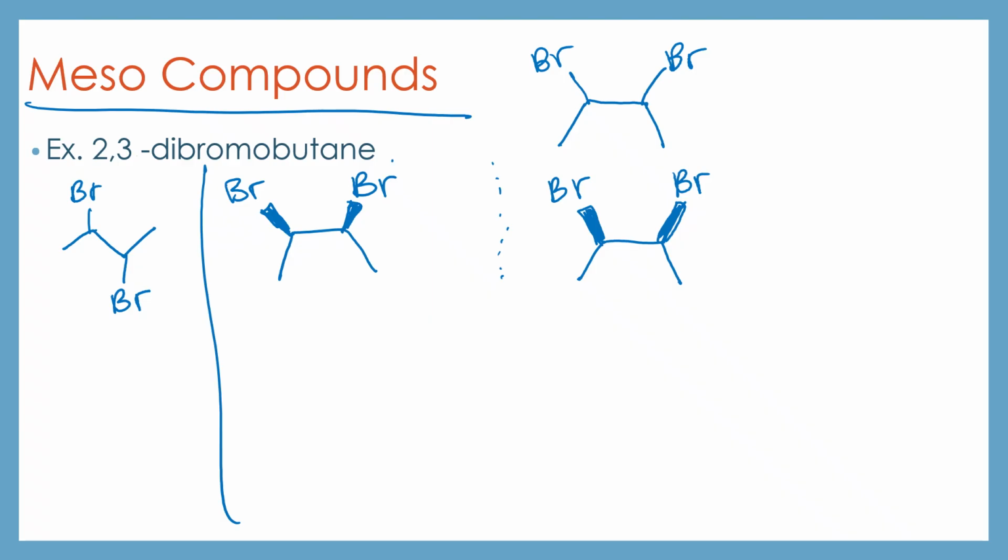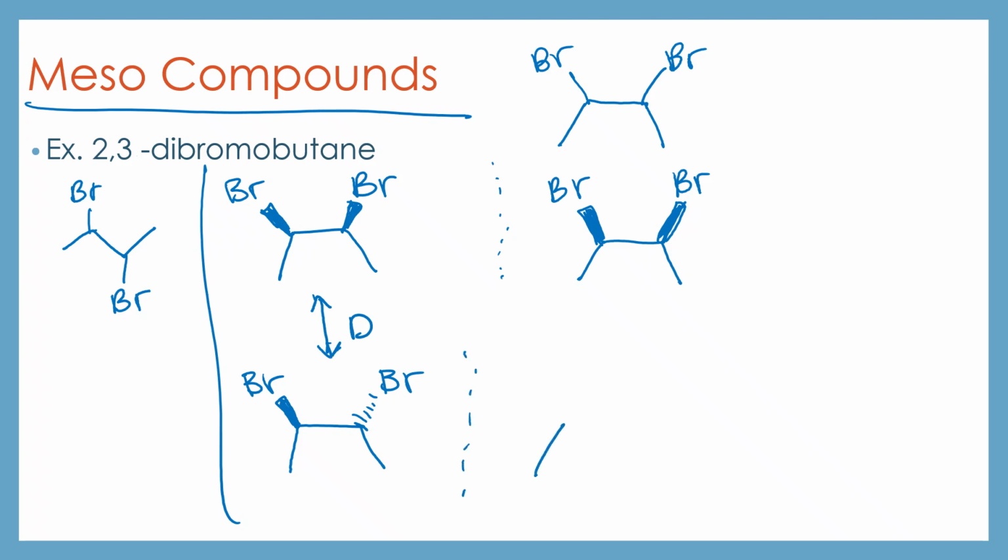So if I take one of these chiral centers and I flip-flop it, then I get a diastereomeric relationship. Now this diastereomer does have an enantiomer.